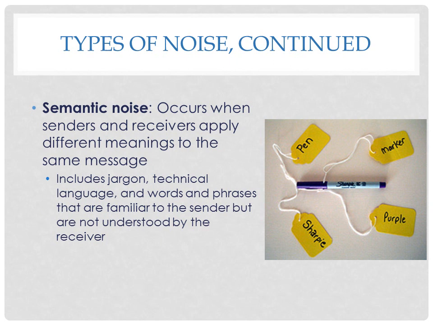Another type of noise is semantic noise, and this occurs when senders and receivers apply different meanings to the same message. This specifically includes jargon, technical language, words and phrases that are familiar to the sender but are not understood by the receiver.